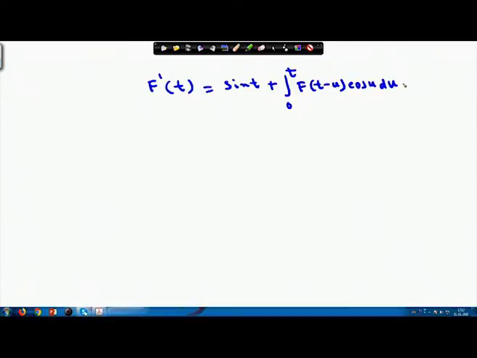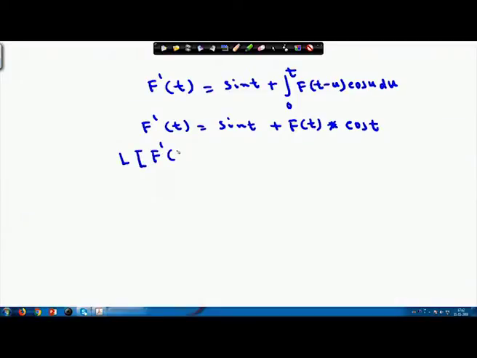As we have seen previously, we can write f′(t) = sin t + the convolution of the two functions f(t) and cos t, so I can write it as f(t) * cos t. Now, take the Laplace transform on both sides of the given equation.